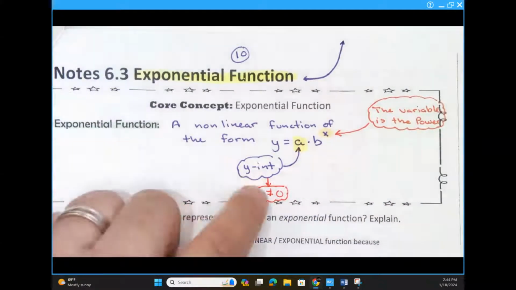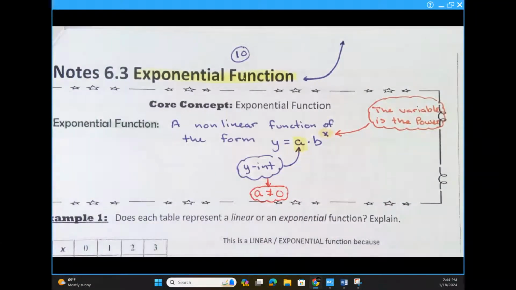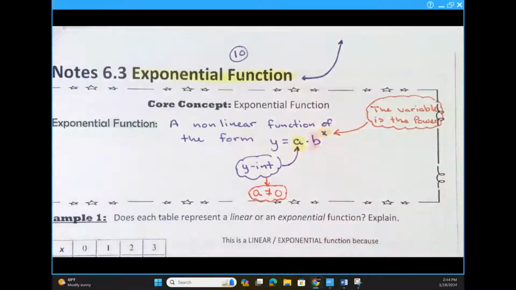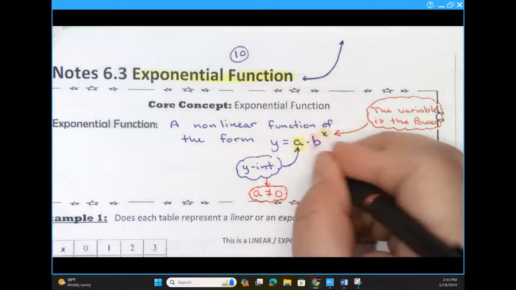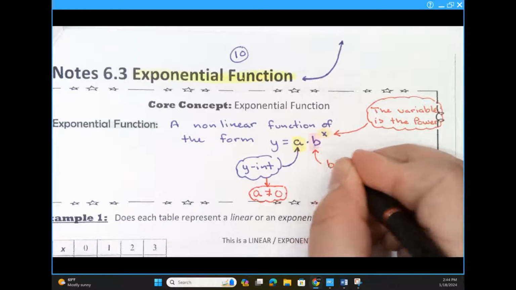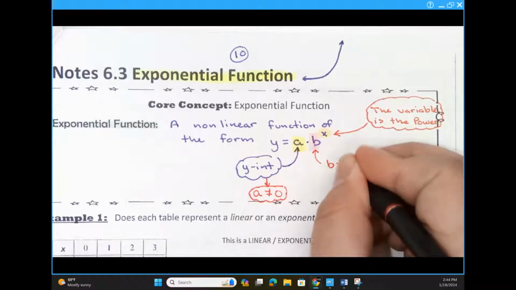So I'll never have that as a y-intercept, at least not for this basic parent function. Now the b value gives me some more information, but there are some restrictions to the letter b. For instance, one of the first things you have to know about the letter b is the b can never be the number 1, actually.